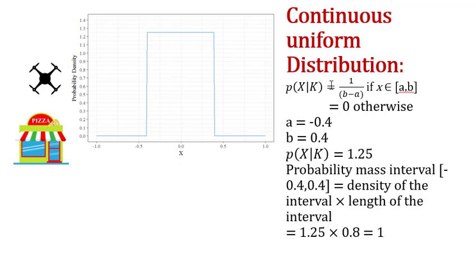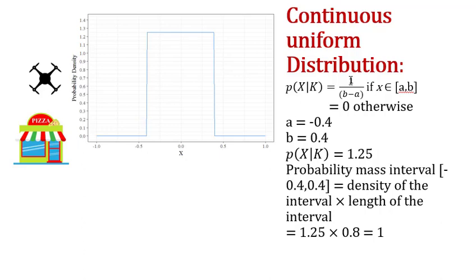Now, what's the density? The density is 1 divided by B minus A. So B minus A is 0.4 minus -0.4, that is 0.8. So that's the length of the interval.